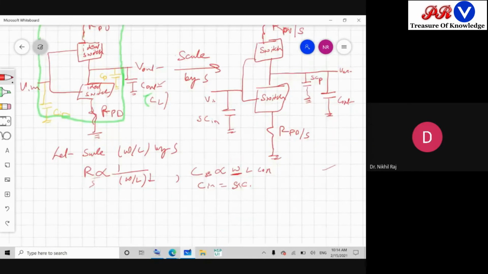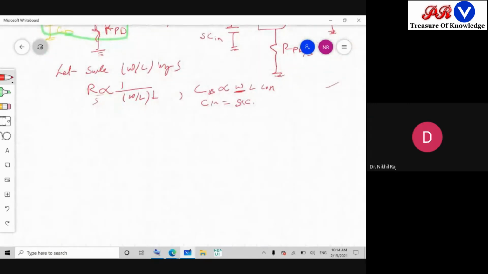Now I will plot the curve for this one. This is C out by Cin, normalized with respect to Cin, and this is the time constant tau. Let's say here to here is your parasitic delay. Some amount of parasitic delay will be there. After that, the device goes to the working condition and gives the time required for switching on and off.